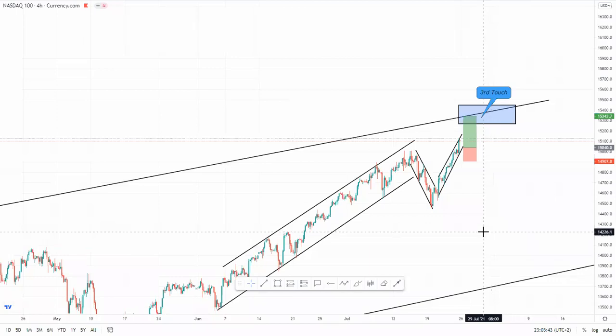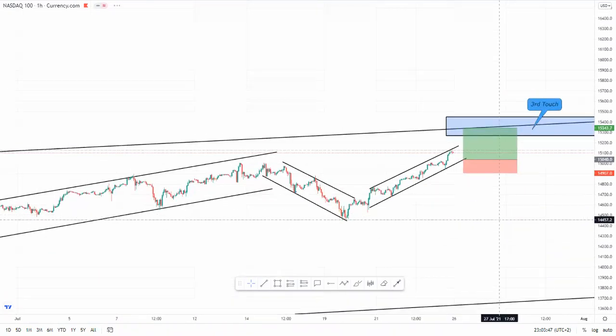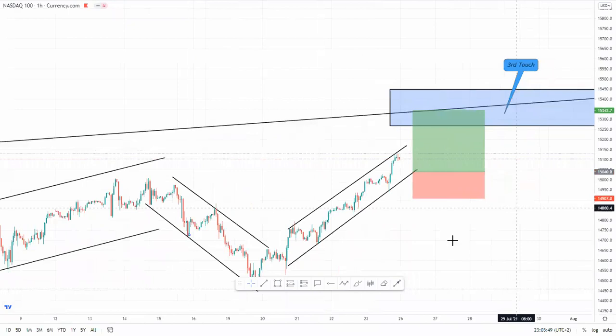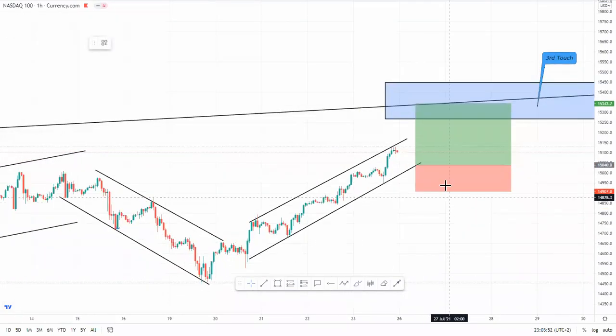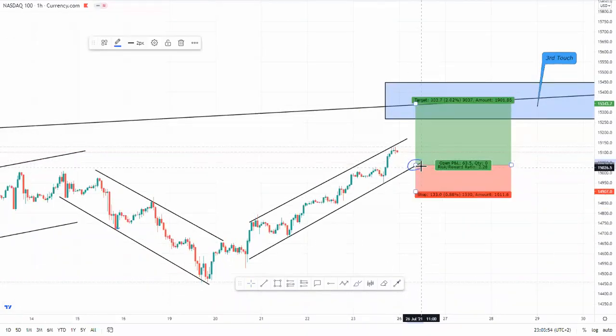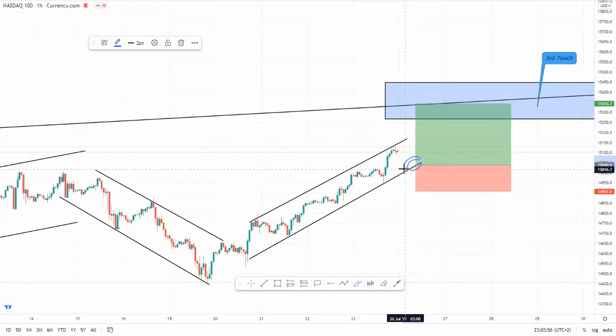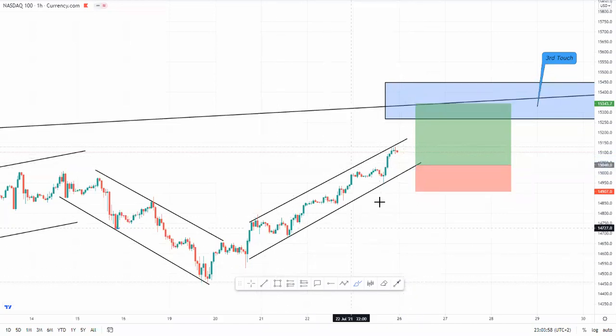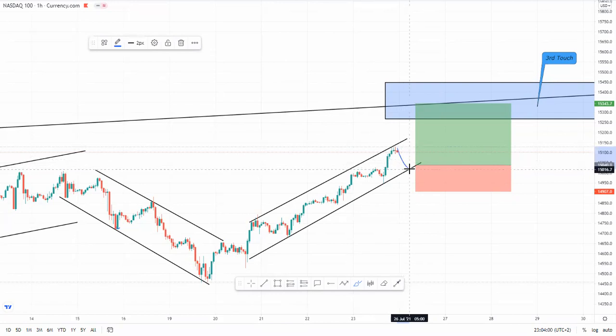Oh yeah, obviously in this area, on the 1 hour, I would look for some sort of confirmation to further stack the odds in your favor. You can't just get a touch and then enter your buys.